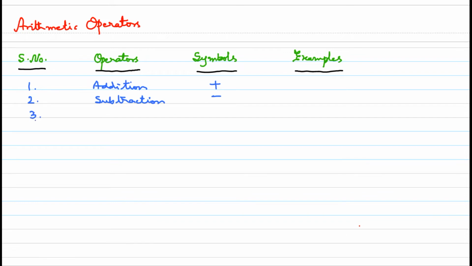The third one is multiplication, and the symbol is asterisk. Next, the fourth is right division, and the fifth one is left division.